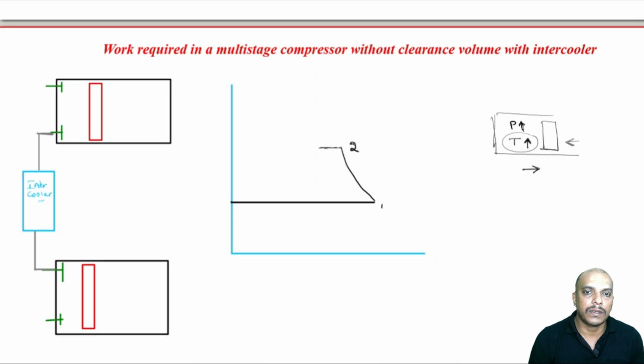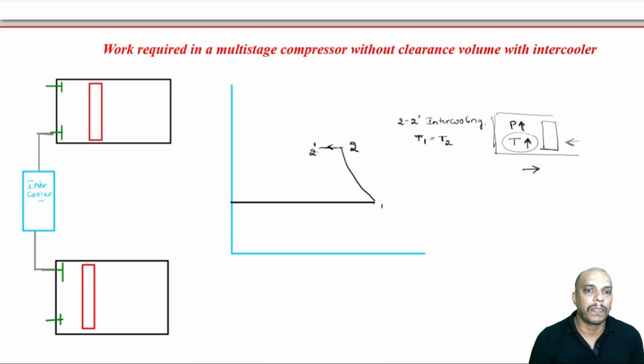So this will be point, let us say, 2 dash. Now this process 2 to 2 dash is intercooling. Now very important, how do we want this intercooling to occur? Let us say the initial temperature is T1. In intercooling, we should bring this back to T2 dash.